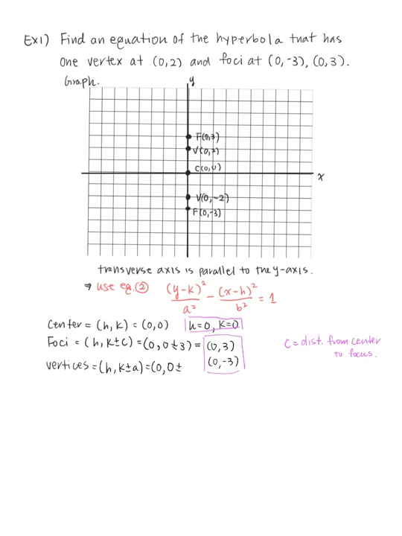Now remember, a was the distance from center to vertex, so this is plus or minus 2. So it looks like we have (0, 2) and (0, -2), but we already know that because we plotted those points earlier. Anyways, let me just box that.